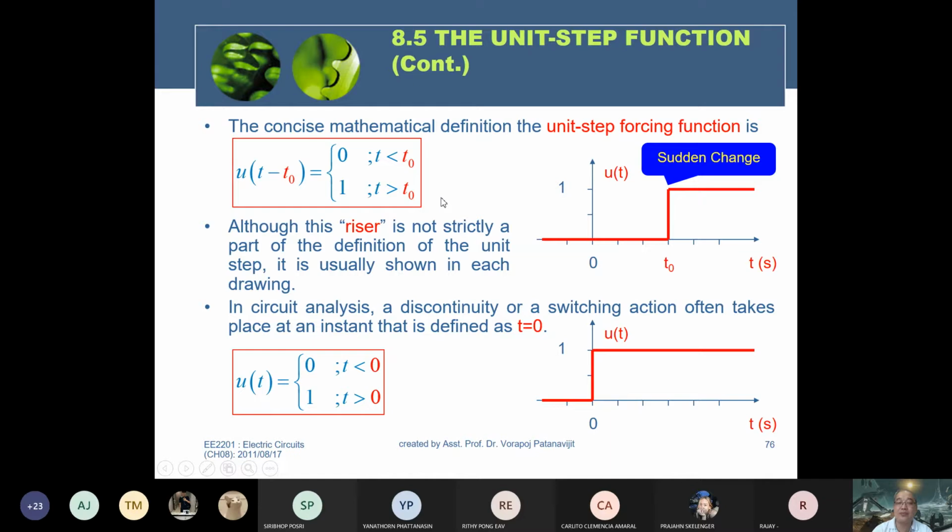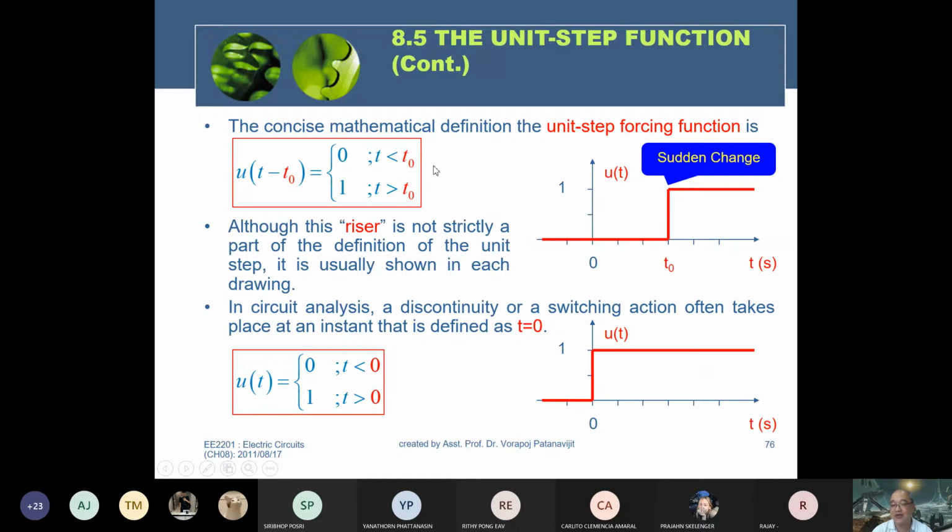The formula of the unit step can be expressed in the more general case in the first equation. Therefore, the concise mathematical definition of the unit step function is here, 0 and 1. But you can see from the expression that the unit step definition never tells you what the value is at time equal to 0.